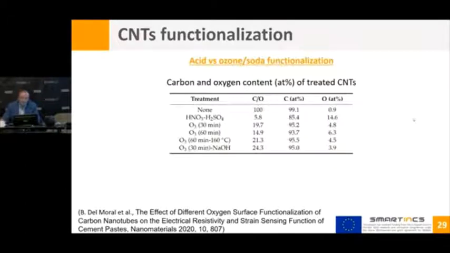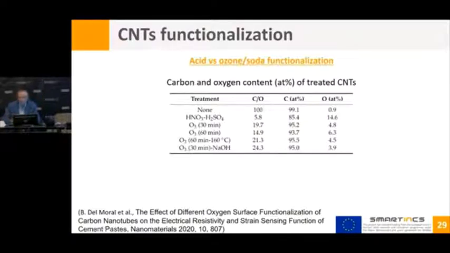Then they analyzed also, first of all, as this treatment with ozone and soda was quite a new treatment, how many groups were attached onto the carbon nanotube. So this is why they measured the carbon content and the oxygen content. Of course, the higher the oxygen content, the stronger the functionalization.